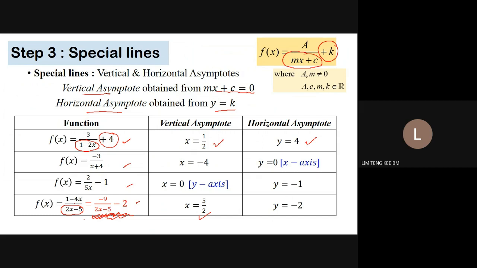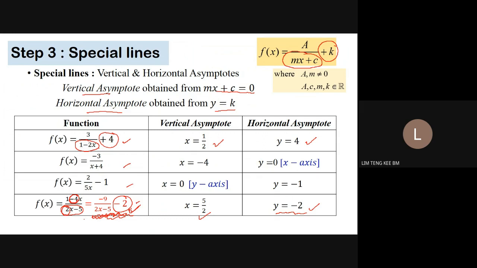If you notice, you just consider the coefficient of x on top and the coefficient of x below. You divide them. So -4 divided by 2, I get -2. Of course, if you do long division and get this result, it's pretty obvious to find the horizontal asymptote.